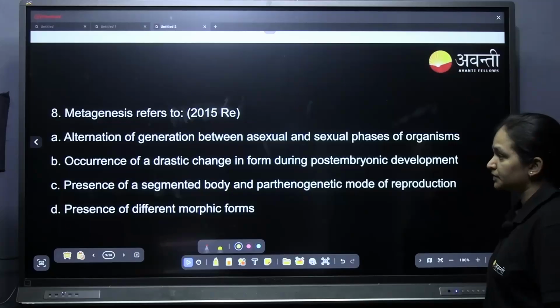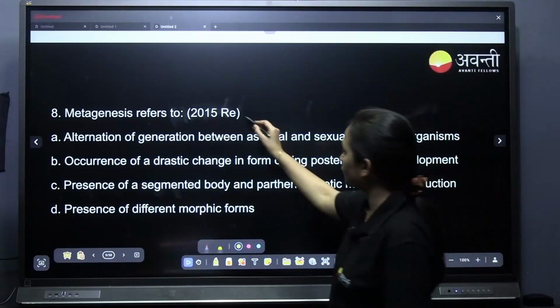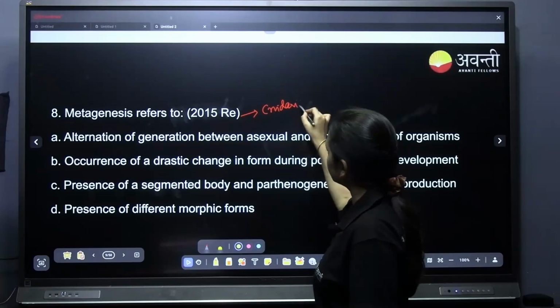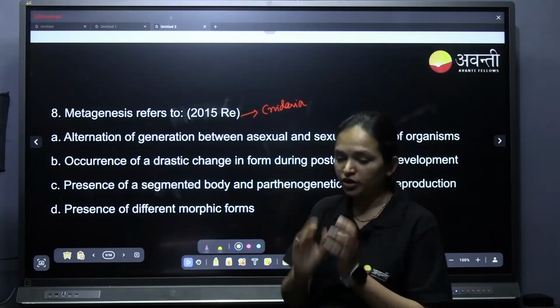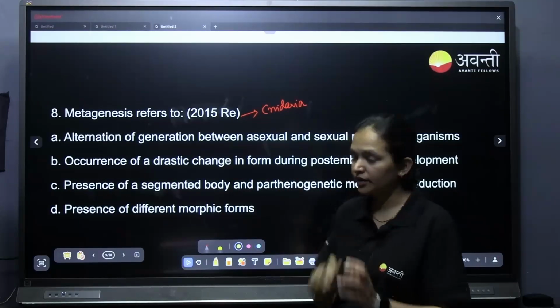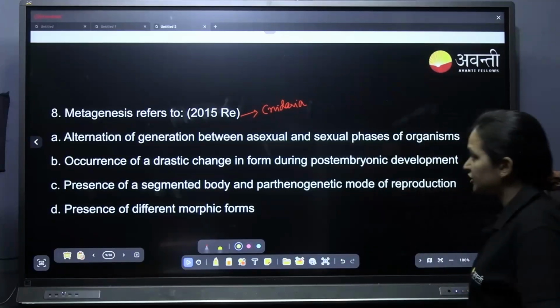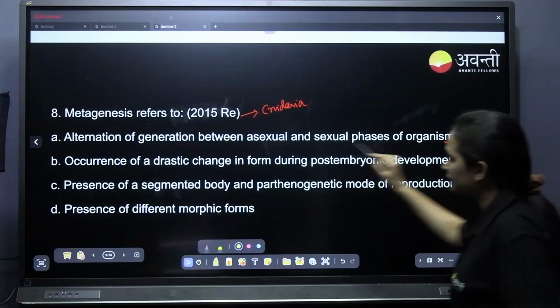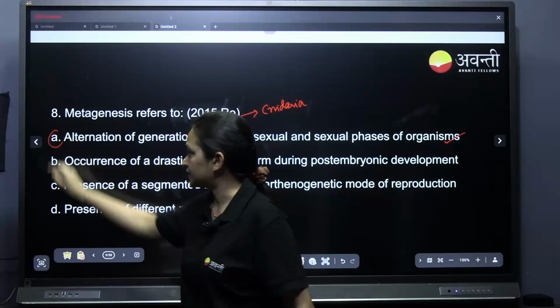Metagenesis is shown in Cnidaria, that from polyp to medusa, medusa to polyp, that we call as metagenesis. Alternation of generation between asexual and sexual phases of the organism. Yes, this becomes the right answer. A is the right answer.